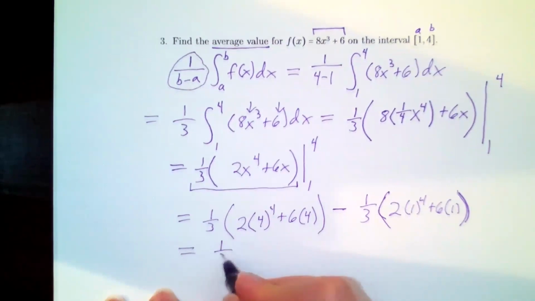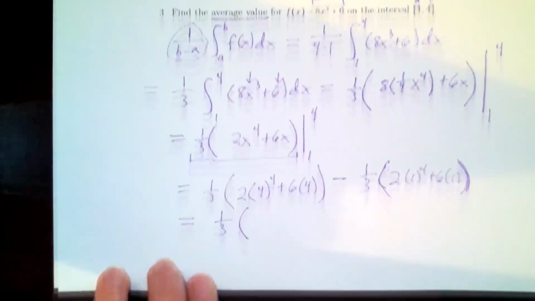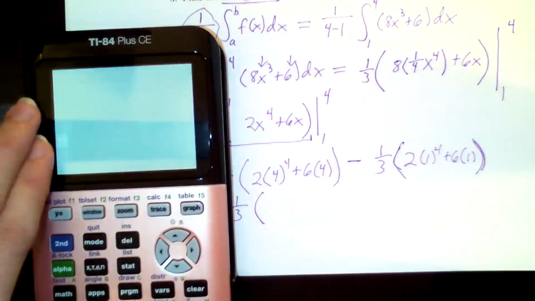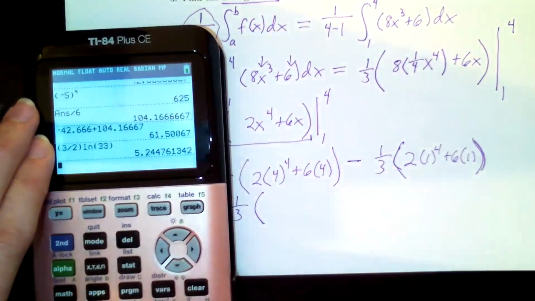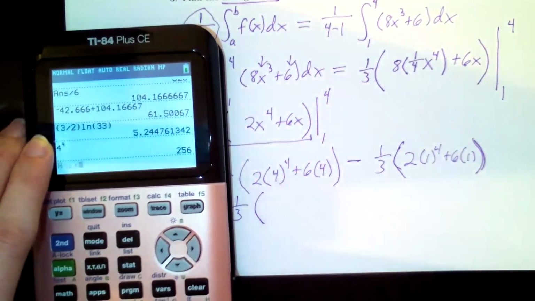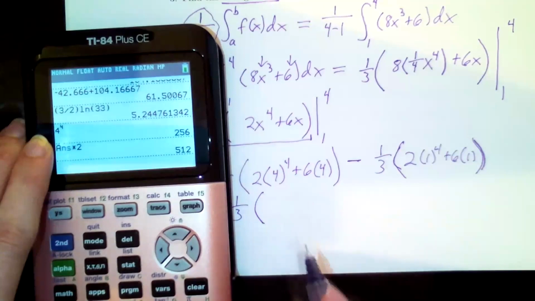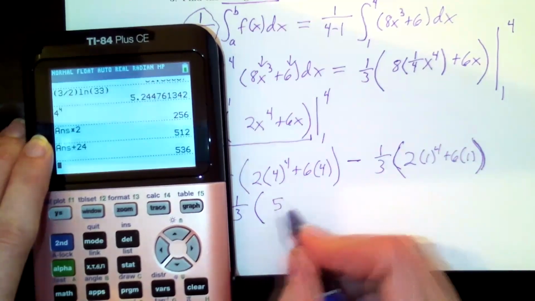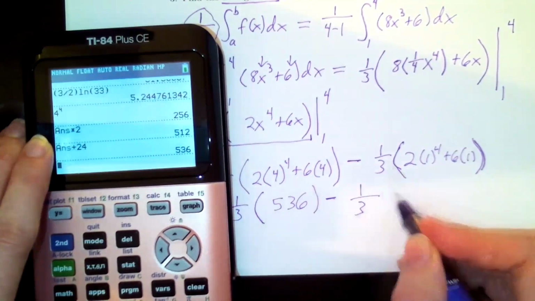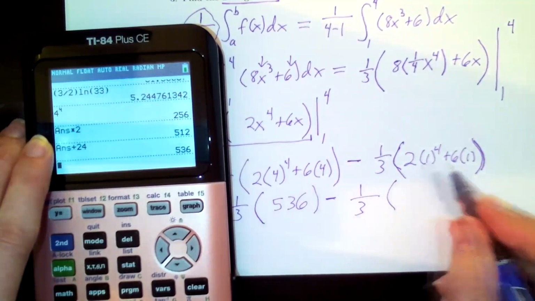I have 1/3 times, I'm going to start using my calculator here. 4 to the 4th times 2 is 24, minus 1/3, 2 plus 6.